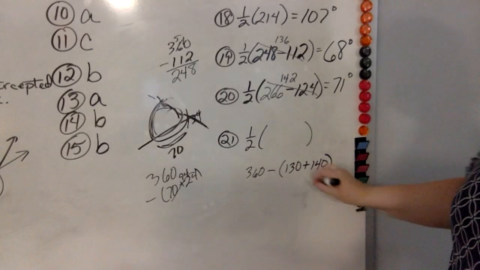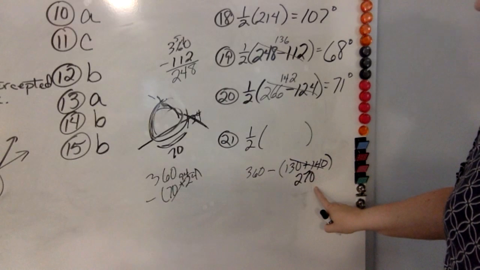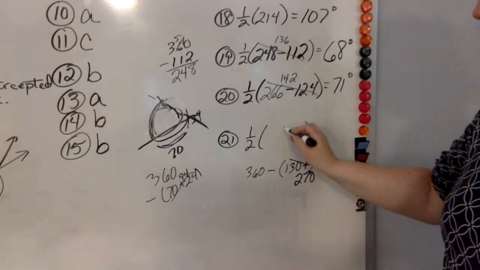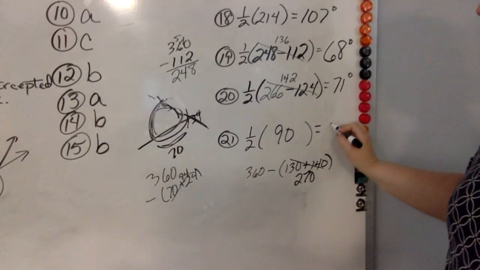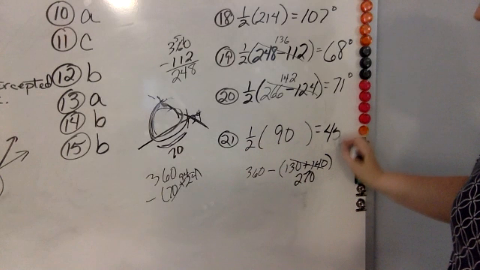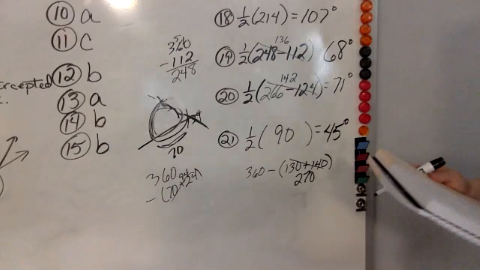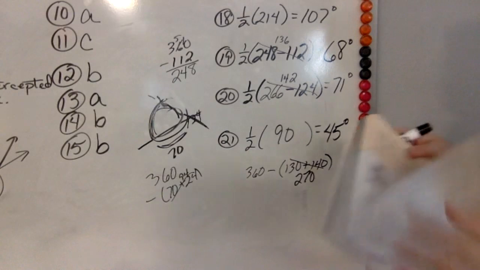So 130 and 140 is 270. 360 minus 270 is 90. So half of 90, C is 45 degrees.